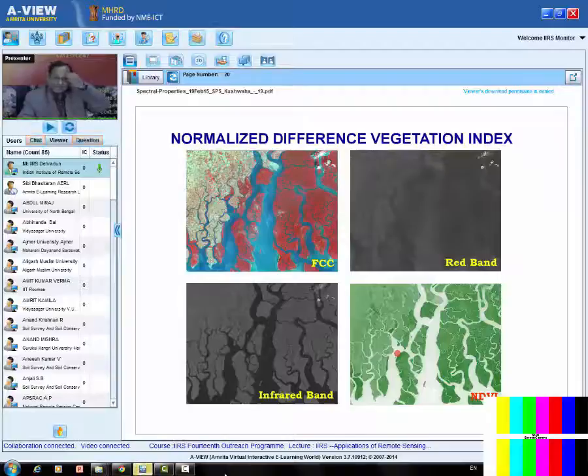NDVI values, when you generate them through NDVI, vary from -1 to +1. You can do density slicing and assign a color as you wish, or you can make a vegetation cover density map, etc., which is useful in more than one way.